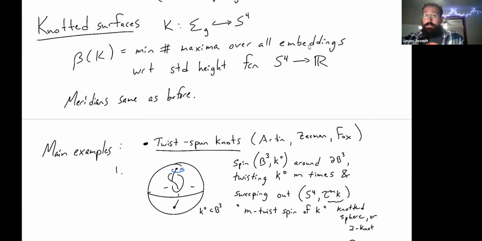So that would sweep out a sphere, and if the rope is knotted, it sweeps out a knotted sphere. So what you can do is twist the knot as you spin some integer number of times, and this gives you the m-twist spin of K.